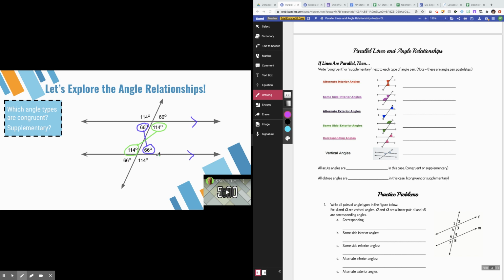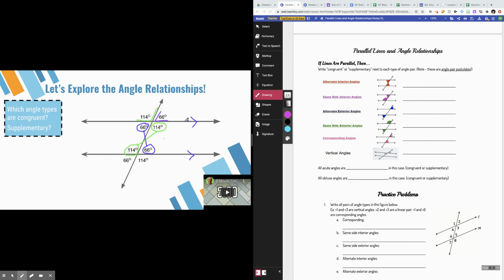And that's always going to be true. I'm hoping you can see with the numbers on the left side of the screen that all of the big angles, all of the obtuse angles, are the same. They all have the same measurement. And all the acute angles also have the same measurement.